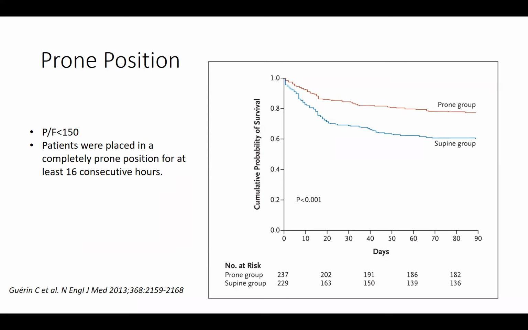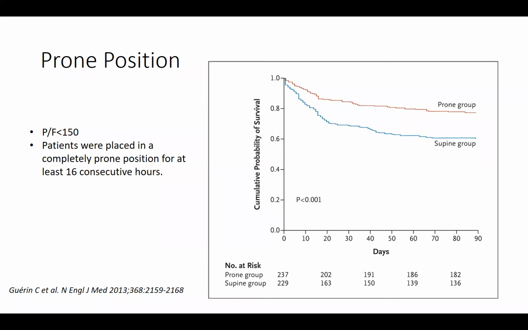Now, two things to note here. One is the survival difference was very big, almost too good to be true. Is it too good to be true? I don't know. I mean, this is what the results show.